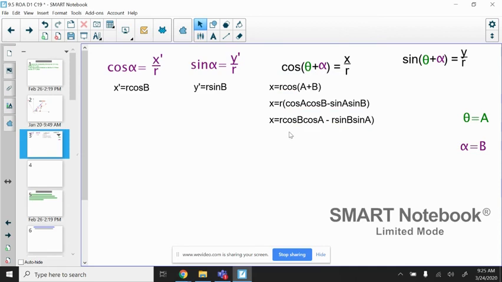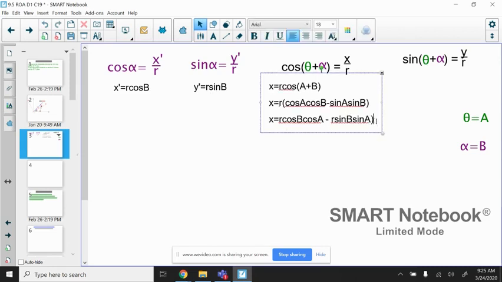All right, interesting. So in summary, once again, identity, distributive property. What I notice is that r cosine of b shows up right here, and r sine of b shows up right here. So using the substitution property, I'm going to keep going with this.